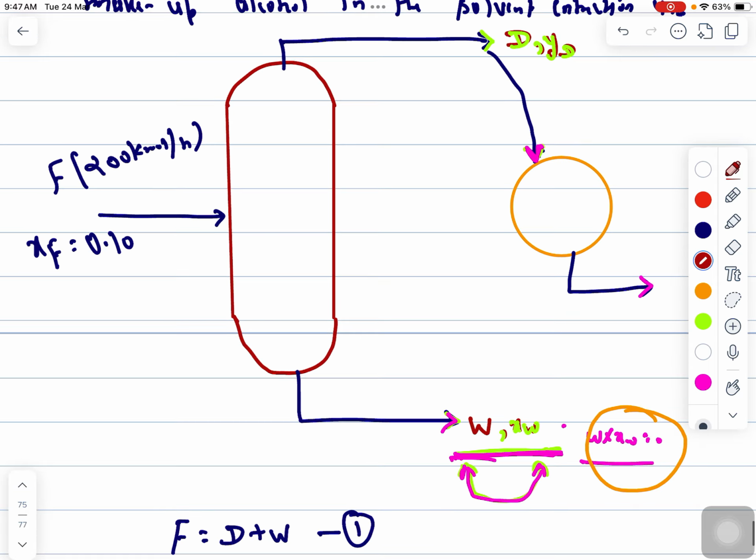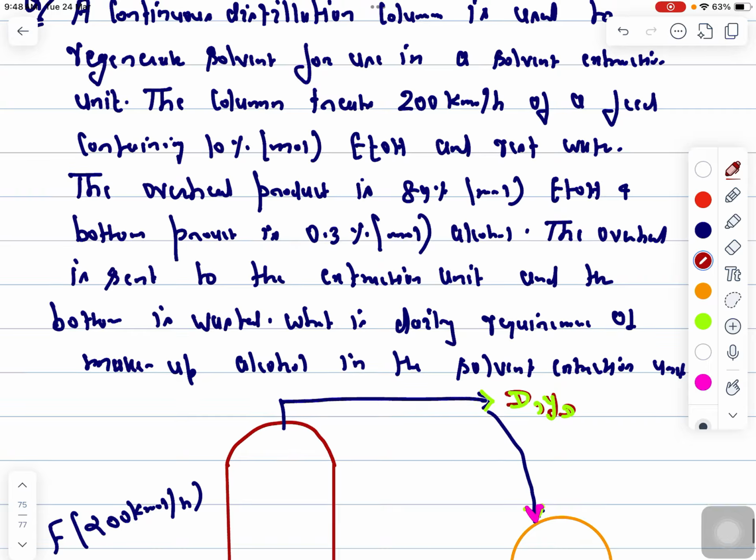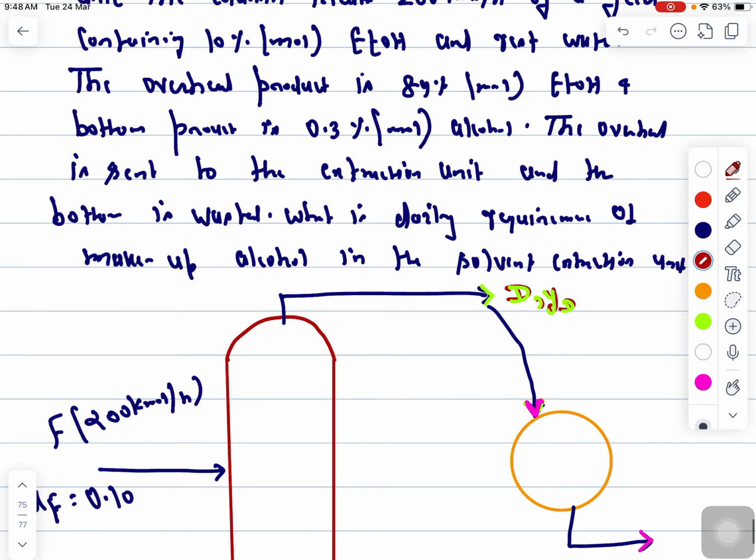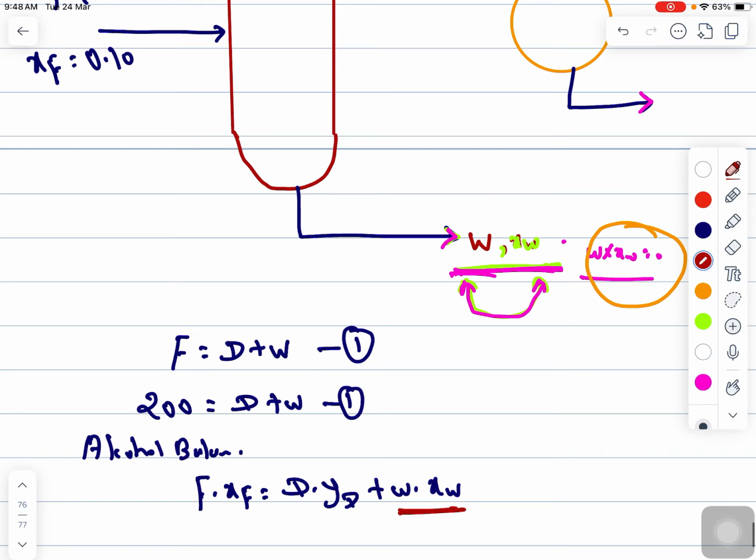Here 89% ethanol mole fraction is given, so yd is given as 0.89, and xw is also given to you. Xw is 0.3%, right?